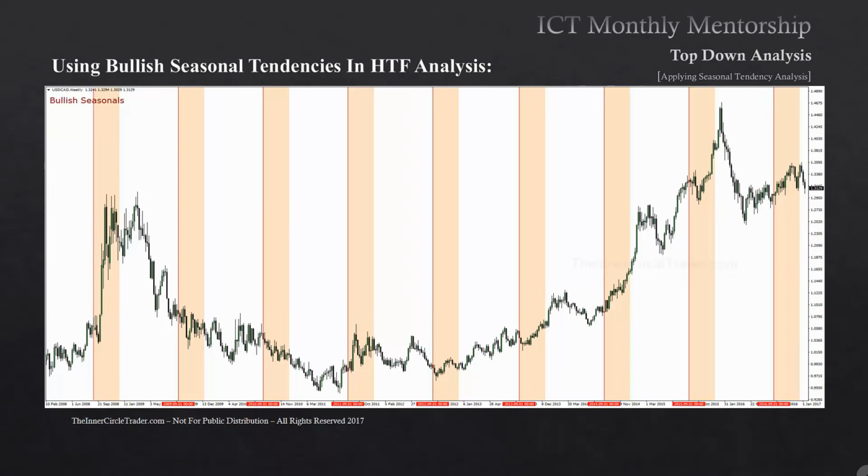Okay, we're focusing on the bullish seasonal tendencies. We have our US CAD chart. This is a weekly chart, and I went back to 2008 just to give you a nice sample size of data. And I started the line at the beginning of September, and I carried it out in time to about midpoint of December.